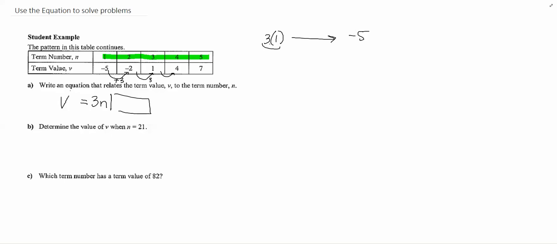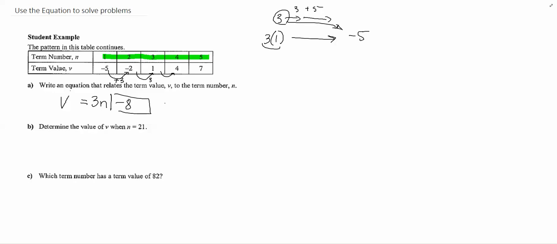Well, this is positive 3, so I have to go down 3, and then I have to go down another 5, so I'm going to go down 8. So I think I have to subtract 8 here, because I'm decreasing, and it's 8 because to get from 3 to -5, I would have to take away 8.